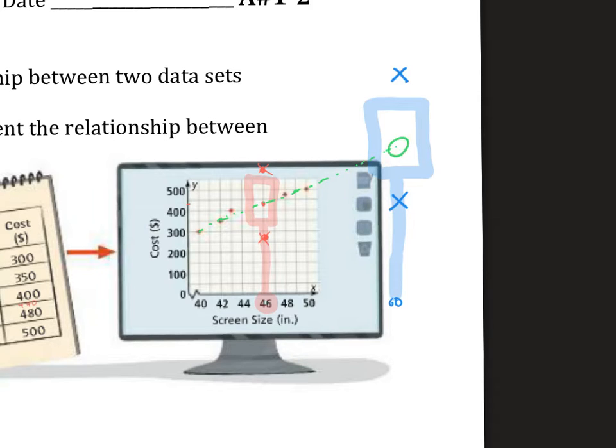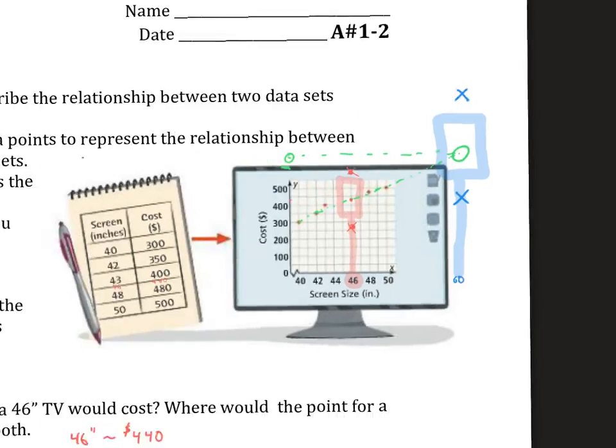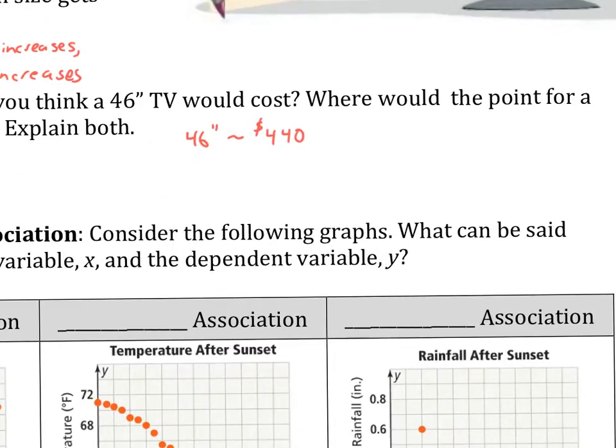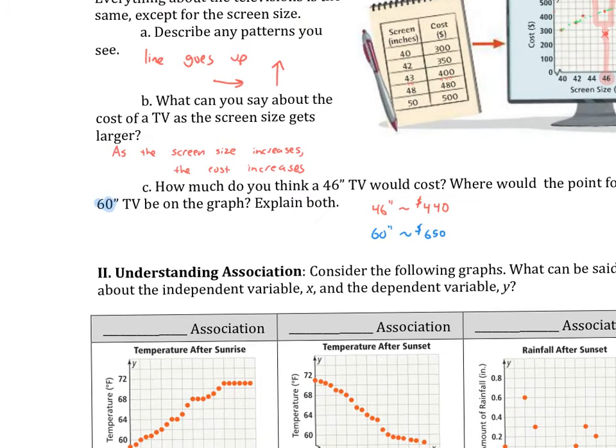I'm guessing somewhere here, based on the trajectory of those, which puts me somewhere here, which looks to me, 600 is probably there, so slightly higher than 600. So my guess is a 60-inch is going to be approximately 650, 630. Yeah, anything above 600 is going to be a reasonable estimate.